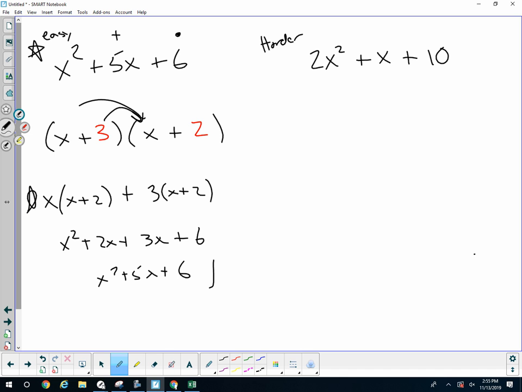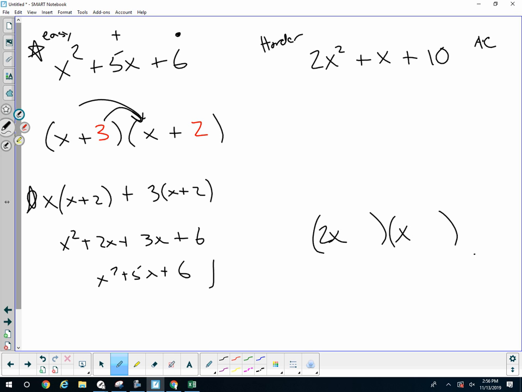factoring this. This is what I'm going to tell you to do. It's a little bit different. This one is easy, this is harder, here we go. We are going to take A times C and multiply them together. Why do we multiply them together? It's because when we distribute, if we have something other than just x, it changes everything. If I have 2x instead of just x and x, the 2x is going to manipulate some stuff to get your middle number.